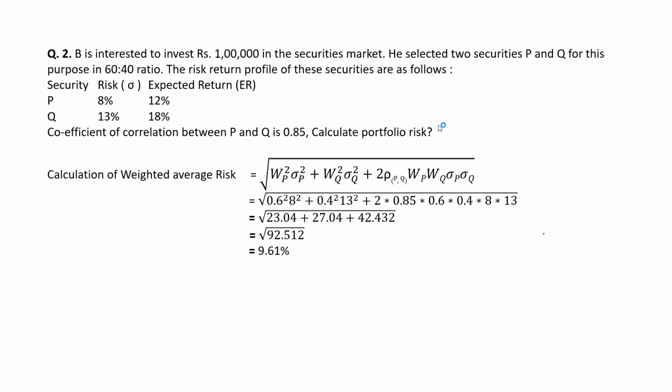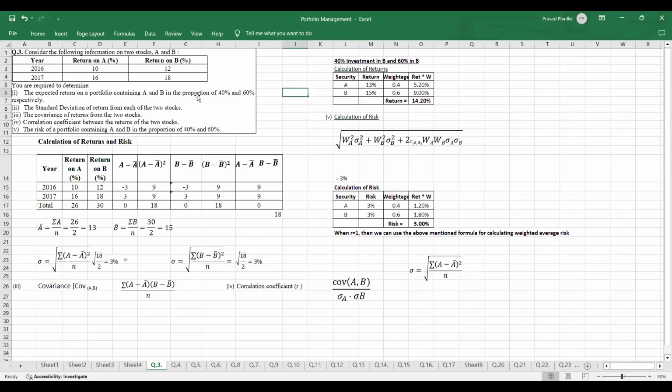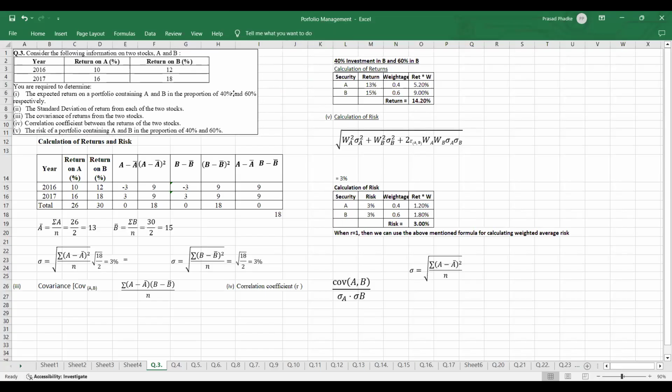Okay, I'll share one with you. I hope everyone is done with this. Now it will be something like this. So they will give you the data for two years, like here. They may give you for 3, 4, 5 years. And they have asked you to calculate the risk of the portfolio considering 40 and 60% weightage.